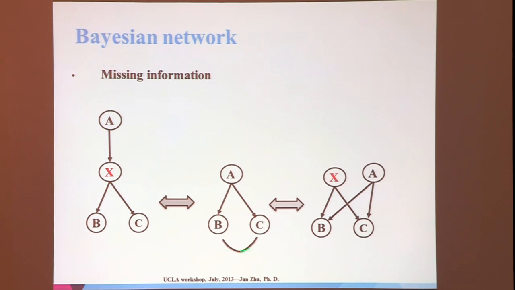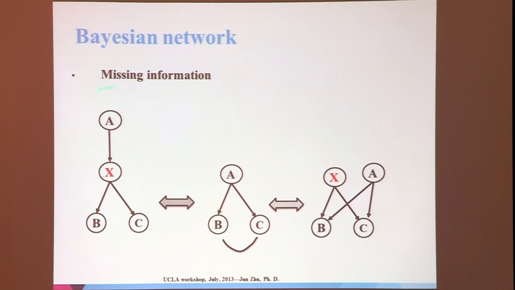So there has to be some link, either C regulates B, or B regulates C, or maybe another node D regulates both B and C.